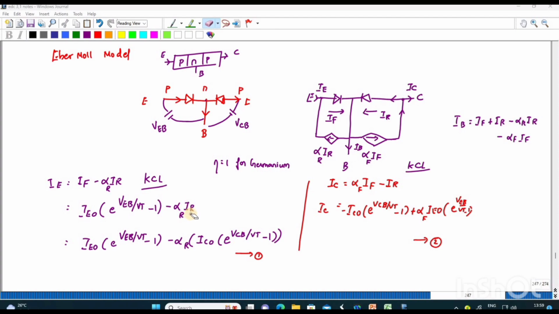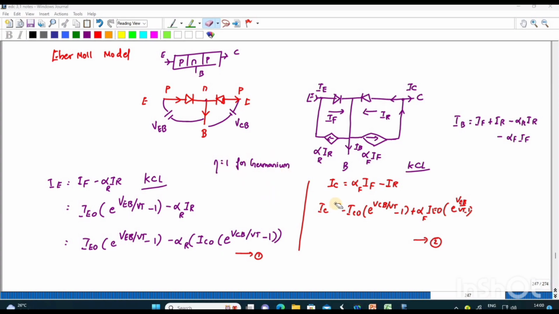IR is the current flowing from collector to base, so this is nothing but IC naught into e power VCB by VT minus 1. Here I have taken eta equal to 1 for germanium.